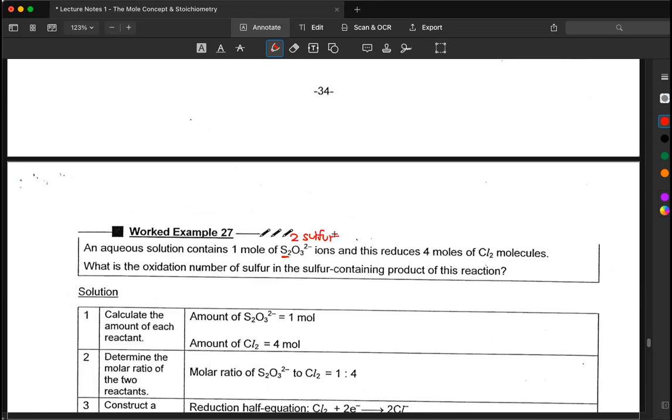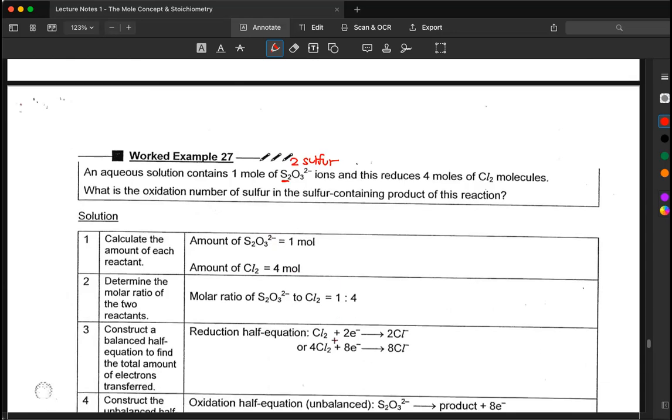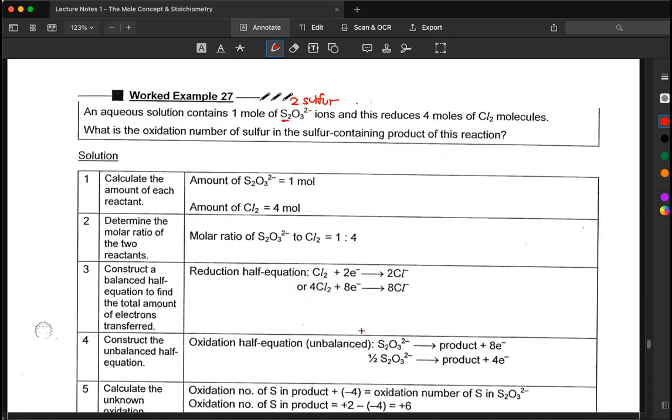Okay, be careful there. So it's a bit different. So amount of S2O3 2- is 1 mole. Amount of Cl2 is 4 mole. Mole ratio 1:4. So you construct the half equations. Cl2 becomes 2 Cl-. And because there are 4 moles of Cl2, the number of moles of electron transfer is 8.